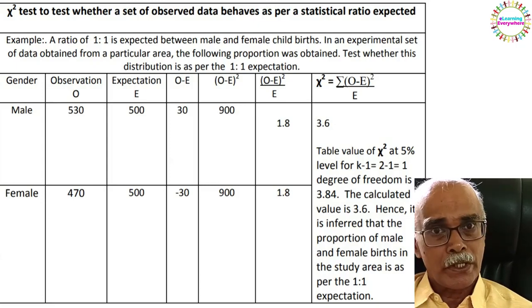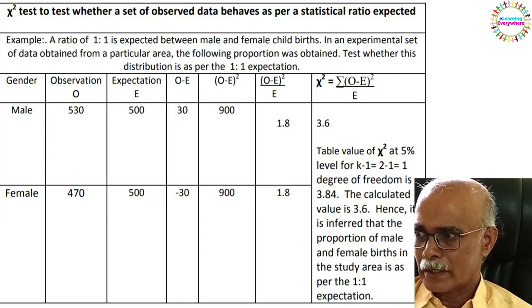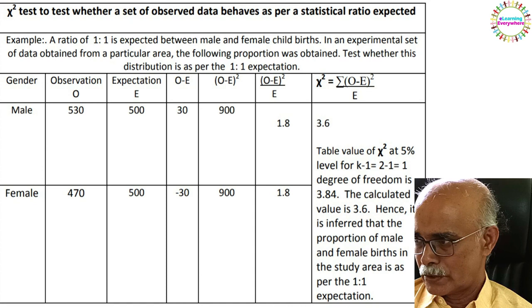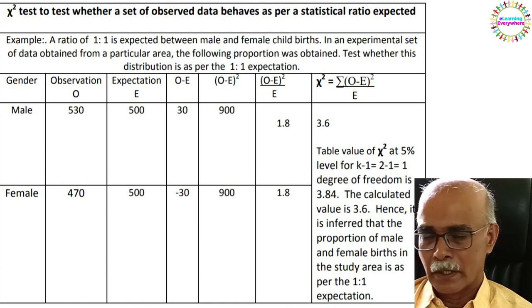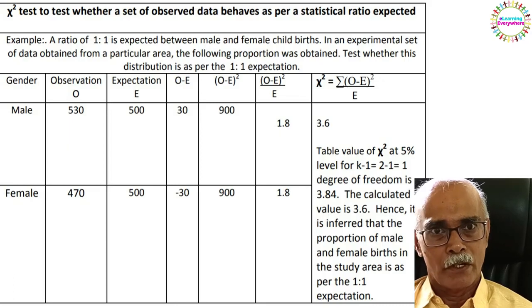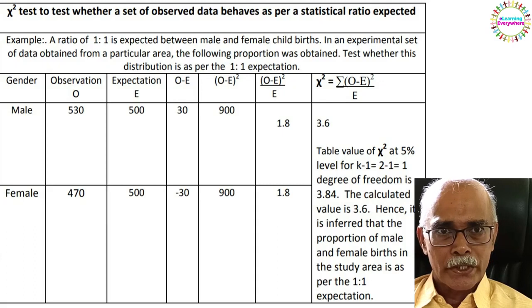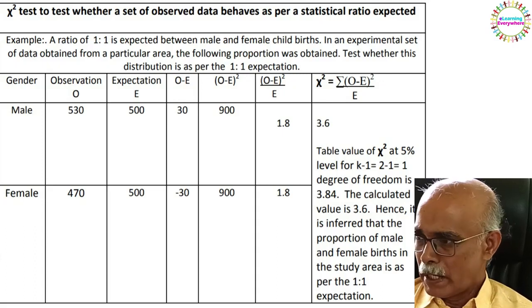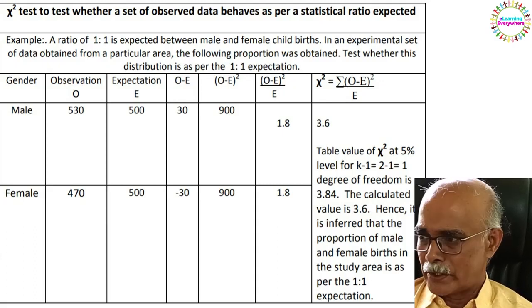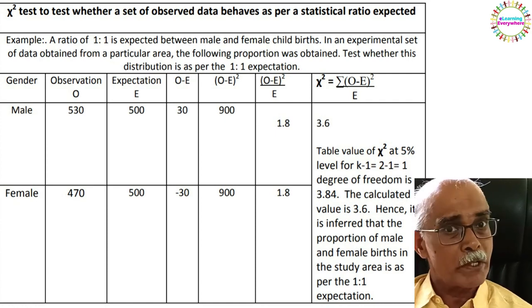So the expected ratio is 1:1, and the observation given is like this. In the case of 1,000 childbirths, maybe in a hospital or a district for a short period, the gender is given, male and female, and the observed values are like this. Male 530, female 470. There is some difference.